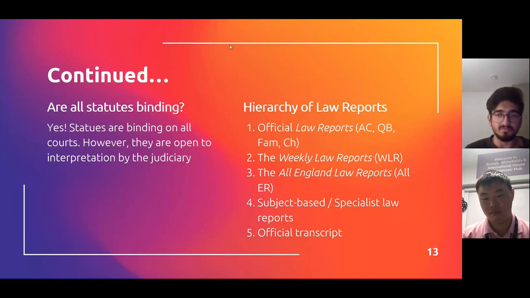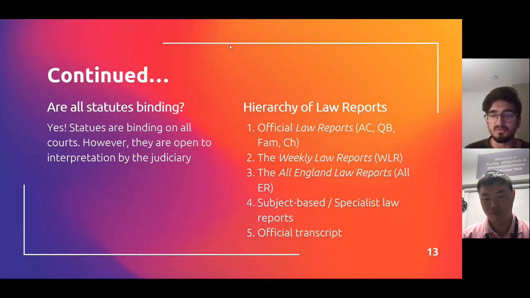And then looking at the law reports. As I said before, reading case law reports is a very big part of legal research. And there are certain ways to determine what the hierarchy is. Firstly, you have the official law reports. Normally, they will have the initials AC, Appellate Court, QB, Queen's Bench, although I'm sure now, with the passing of the Queen, any recent case law will be under KB, the King's Bench, FAM, and then CH, which stands for Chancery.